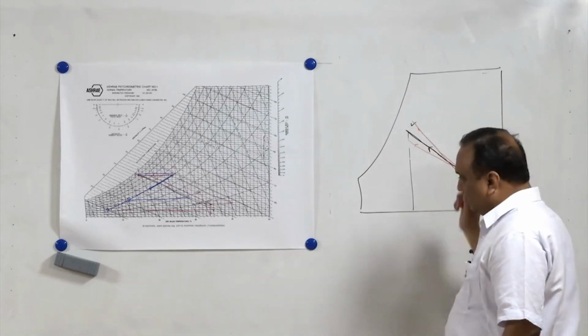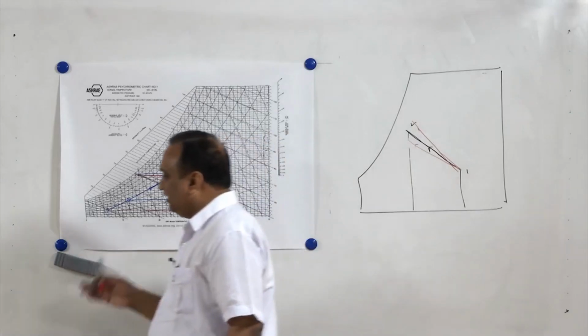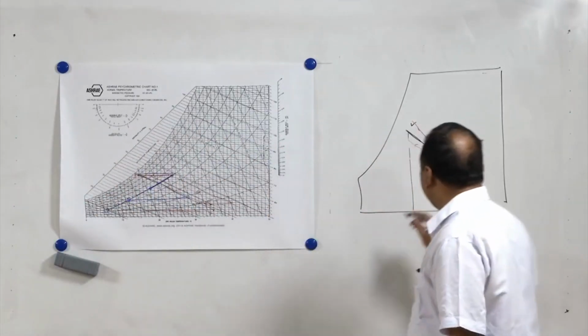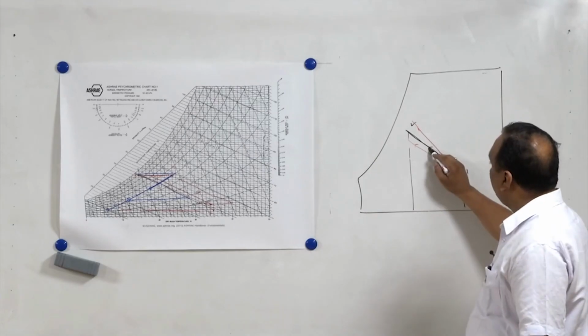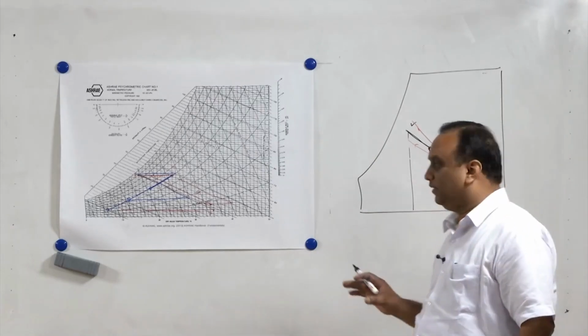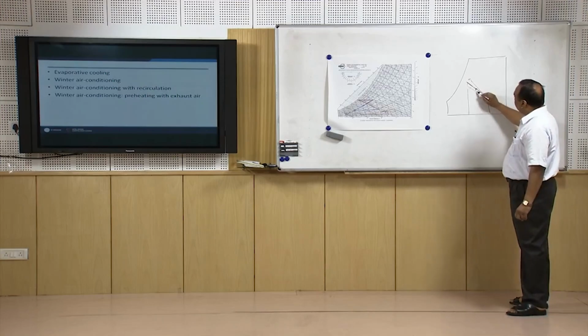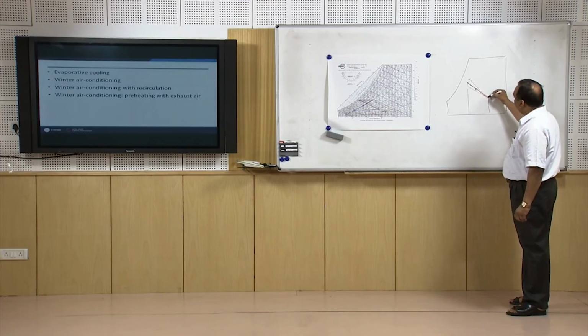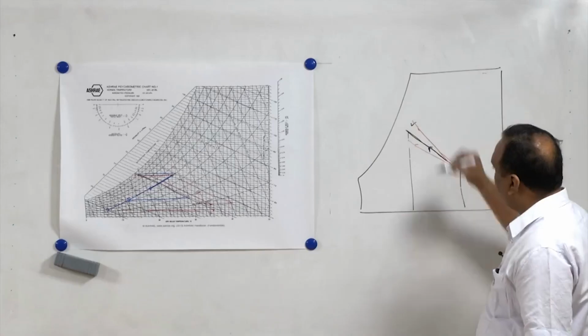So it is always stated that during evaporative cooling, the process follows the wet bulb temperature line, but it can only be followed in the case where the temperature of water is equal to the wet bulb temperature. Otherwise, there is going to be a deviation. If the temperature of water is less, this line will be followed. If the temperature of water is more, this line will be followed.